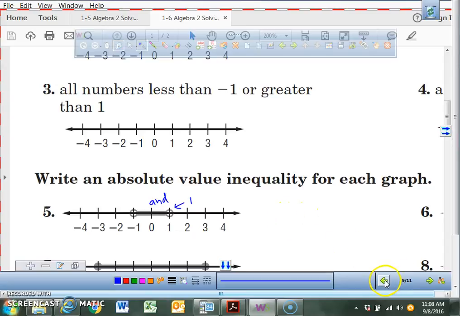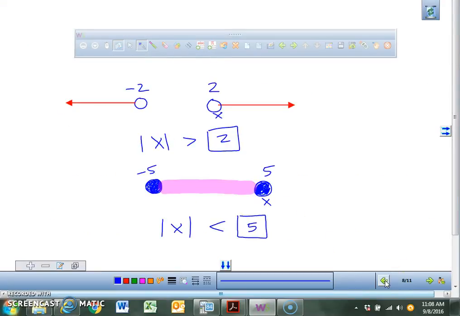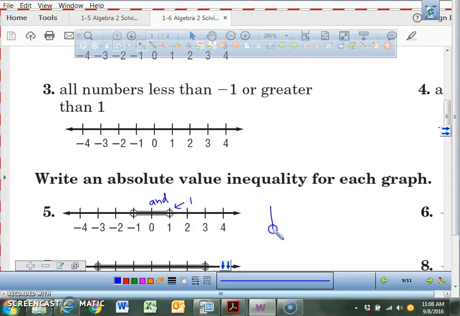So let's go back to what we just did. This one or this one? Which one? Top or bottom? Bottom. So x is what? Less than. So here it's going to be the absolute value of x is less, not equal to, but just less than 1. And I think I made a mistake real quick. Hold on.